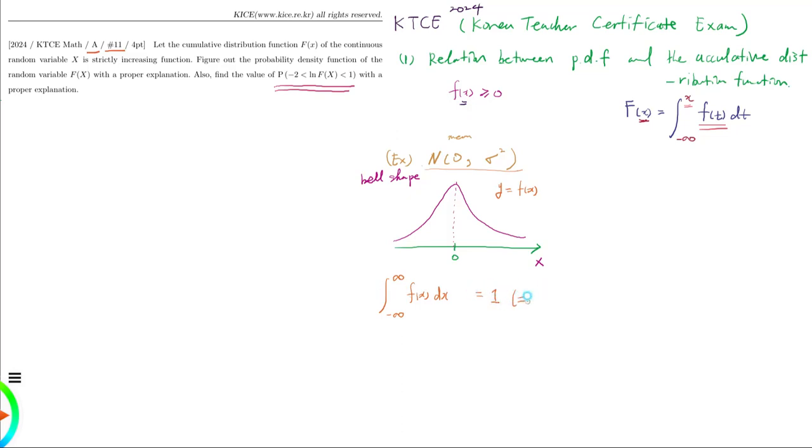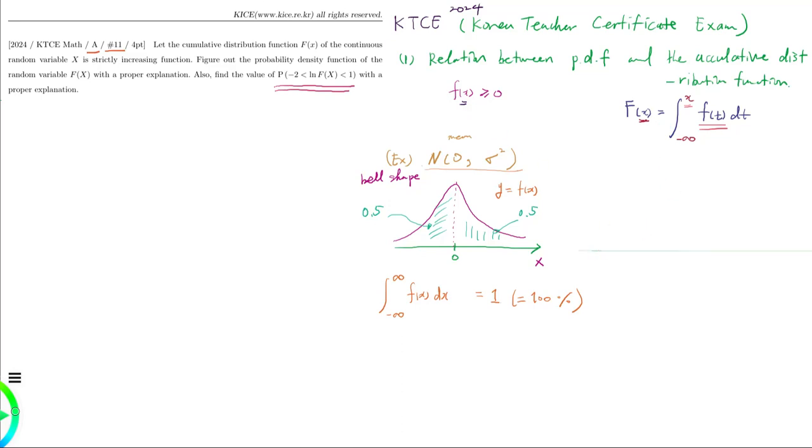That means 100% as a percent. By the symmetry, each half of the area contributes 0.5. So this half and this half, their area will be 0.5 each.